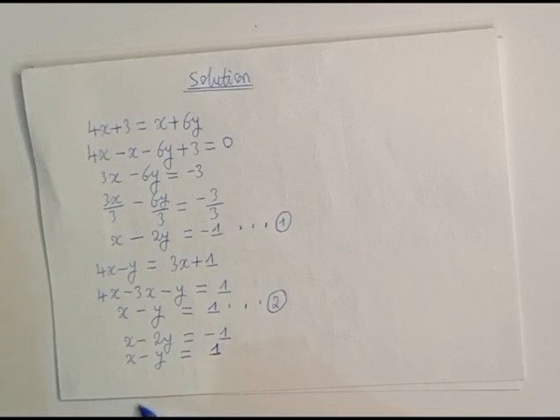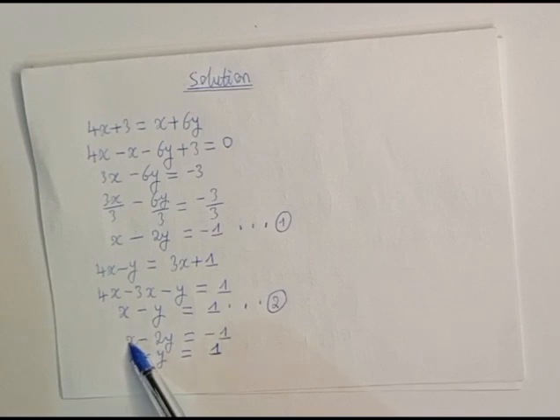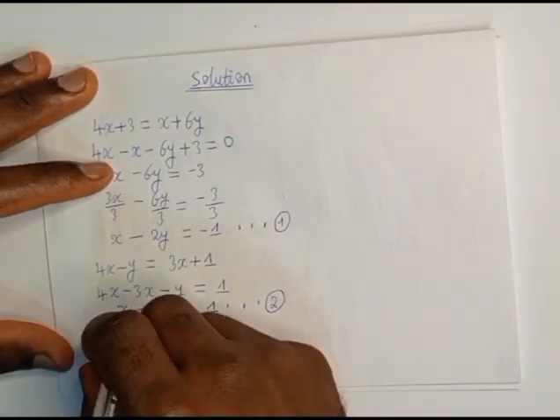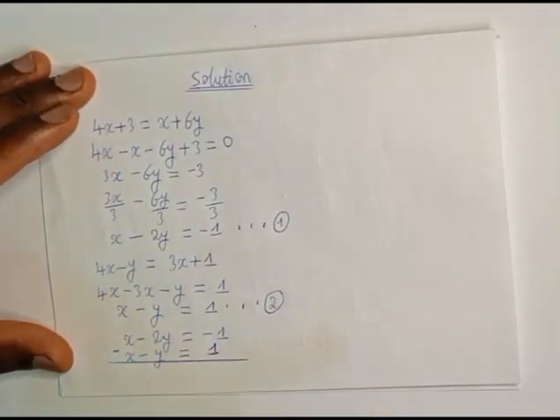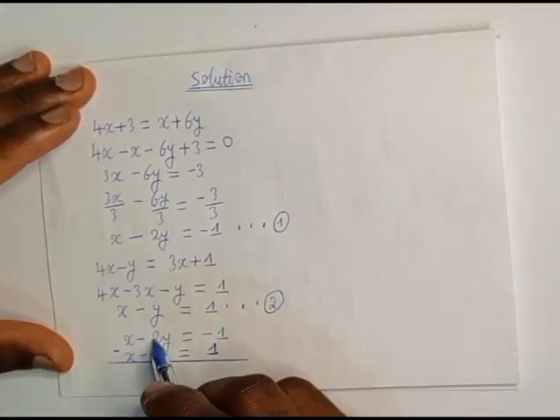The reason why we are subtracting the two equations is simply because the coefficient of x in equation 1 is 1, which is the same as the coefficient of x in equation 2. So by subtracting the two equations, we are going to eliminate the variable x. Subtracting the two equations, x minus x gives us 0.